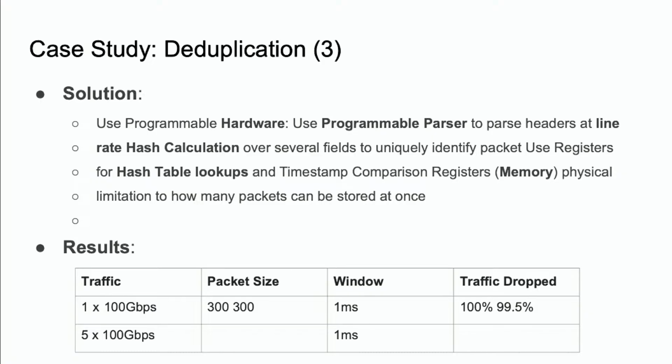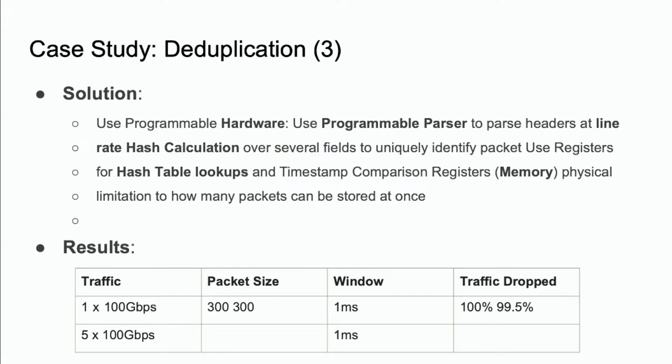So we use the programmable hardware. We offloaded some of these functions that we required for doing this deduplication to the programmable hardware. We used the internal parser to parse the packets correctly. There were certain hardware tools to calculate hash calculations on certain parts of the header, so we can make a unique signature for that packet.